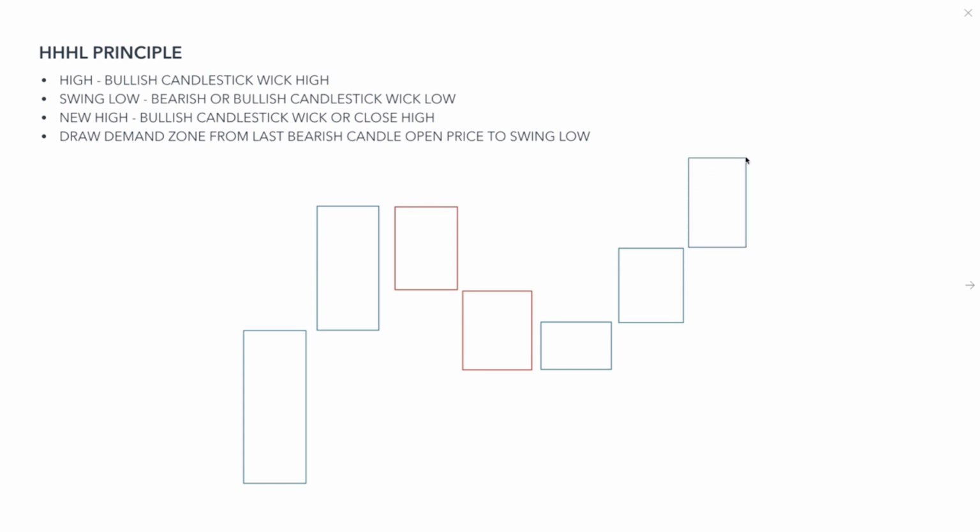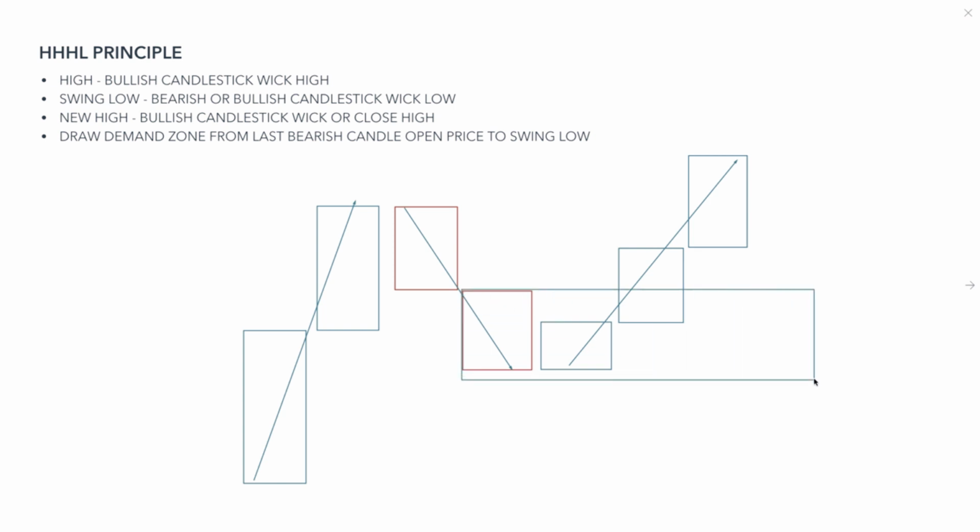And as long as we create a new high, we have to draw the demand zone from the last bearish candle before prices make a new high, because again this becomes a high, a low, and then a new high. Higher highs, higher lows, and then the demand zone is drawn from the last bearish candle before prices make a new high.